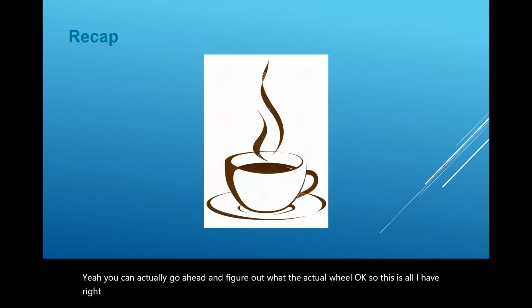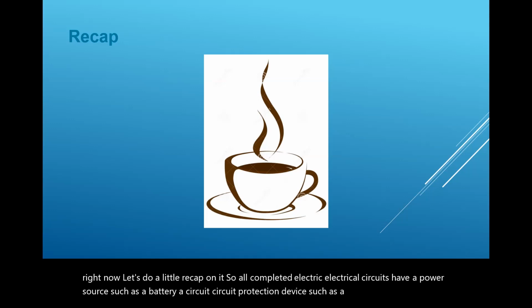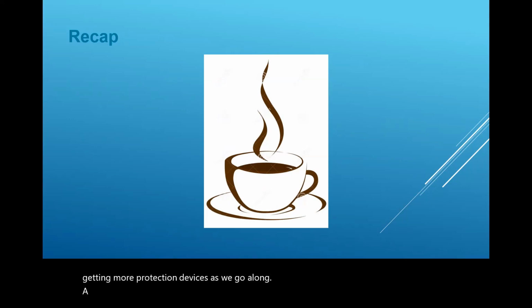Let's do a little recap. All completed electrical circuits have a power source, such as a battery, a circuit protection device, such as a fuse. We'll get more protection devices as we go along. A power side wire or path, an electrical load, a ground path back, and a switch or control device.